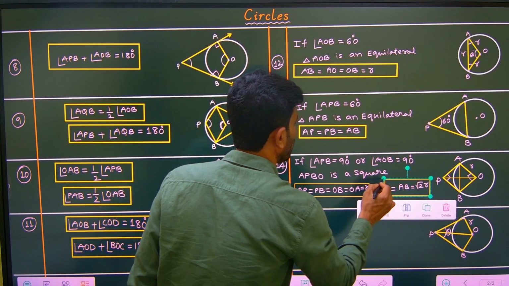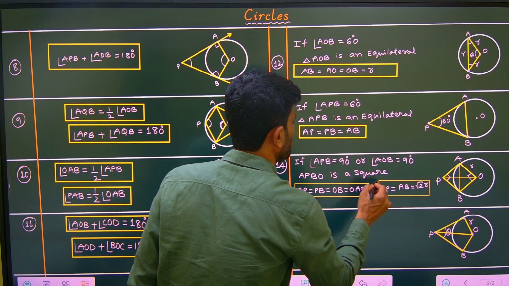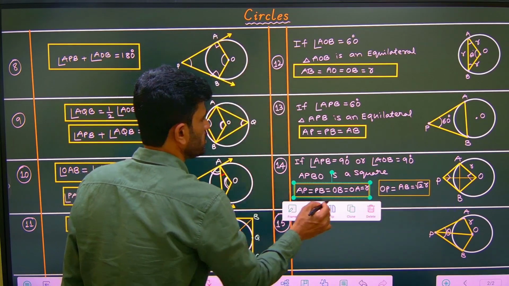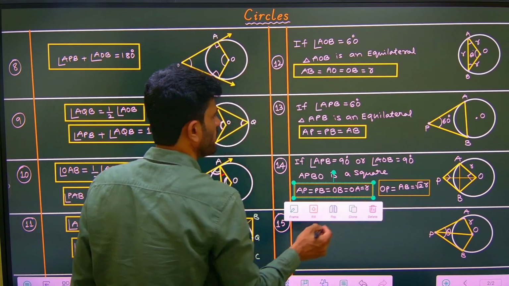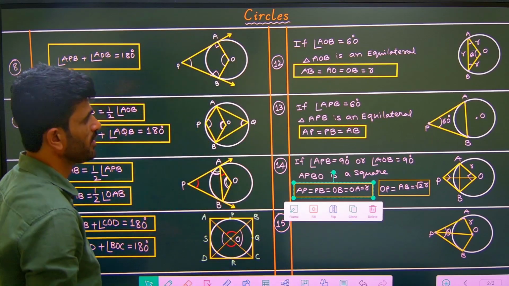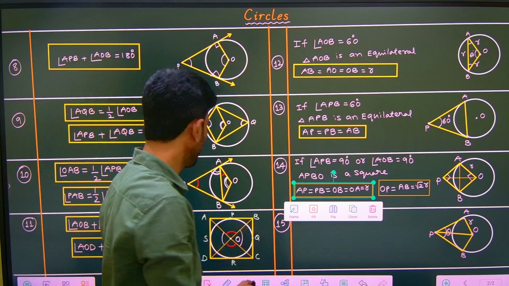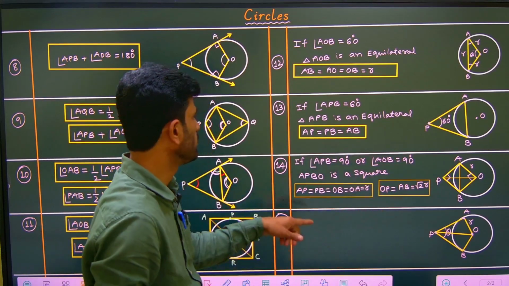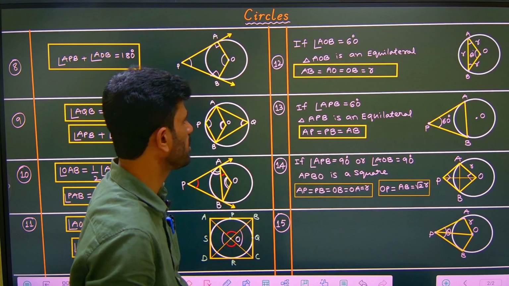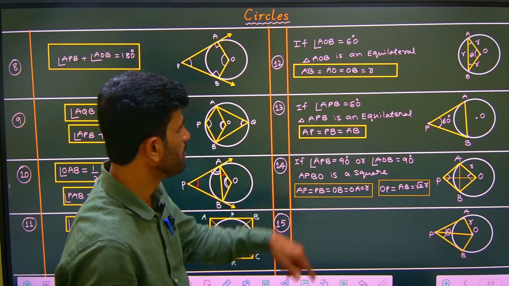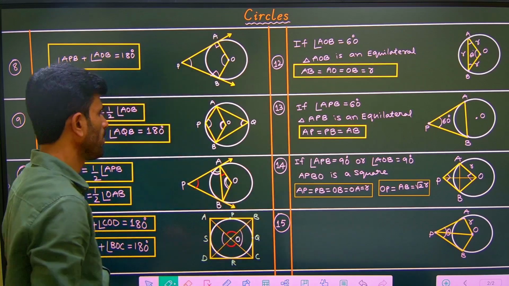If you want to solve objective questions quickly within less time, and you remember all these formulae, you can do it very quickly, and saving time is important. So what is the important point here? If the angle is given as 90 degrees either at the external point or at the center, then that quadrilateral will become a square. Then all the sides will be equal to the radius, and the diagonals OP and AB will be equal to root 2 times the radius.